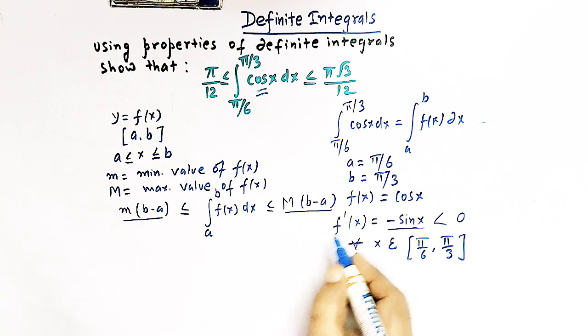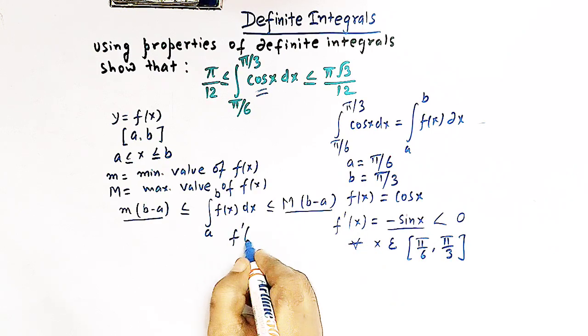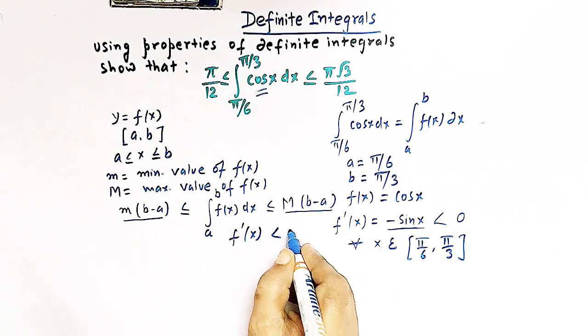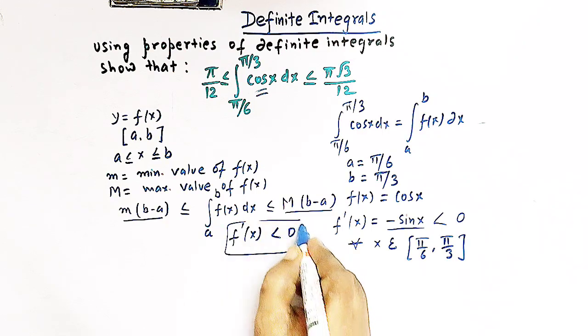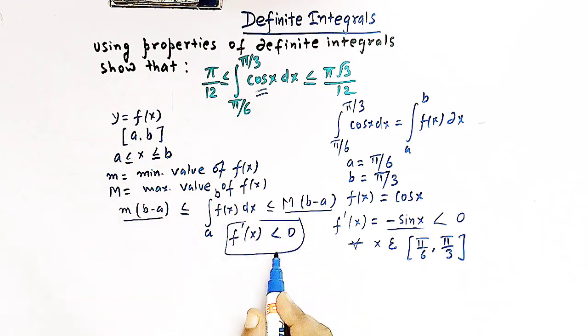So we can conclude that the derivative f prime of x is less than 0, and this is the condition for a function y is equal to f of x to be strictly a decreasing function, right?